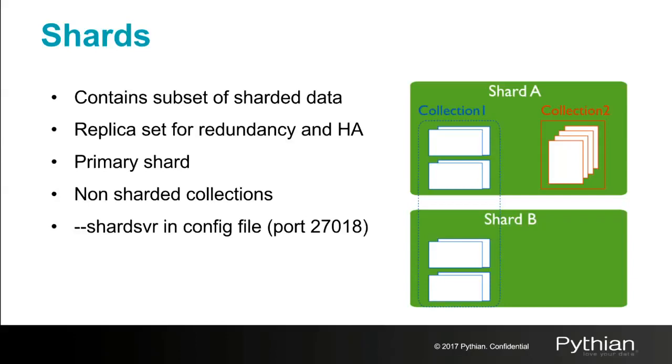It's important to mention that all the collections that are not sharded will reside on the primary shard. And this is important because after some time, we may be experiencing high load only on a single shard from our cluster, and we may be wondering why that's the case. But all the non-sharded collections in the database will reside on the primary shard for that database.